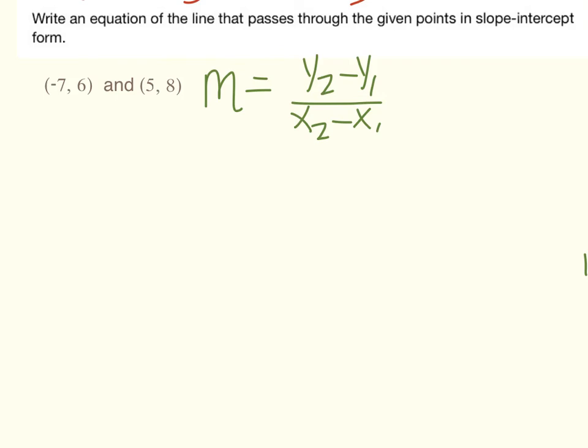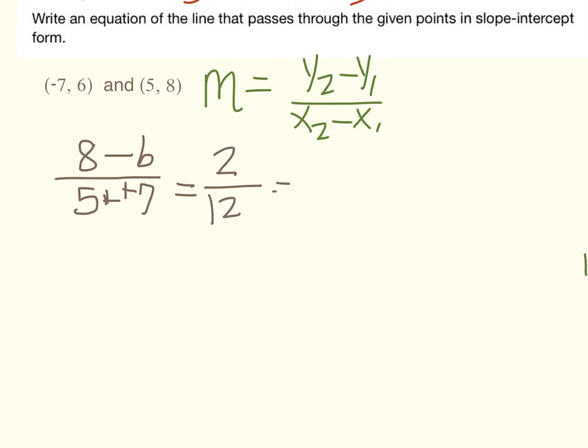Let's plug in some values for that. y2 is 8 minus y1 is 6 over x2 5 minus a negative 7. Well, minus a negative is the same thing as plus. 8 minus 6 is 2. 5 plus 7 is 12, which is the same thing as 1 over 6. So I know that my slope is 1 over 6.